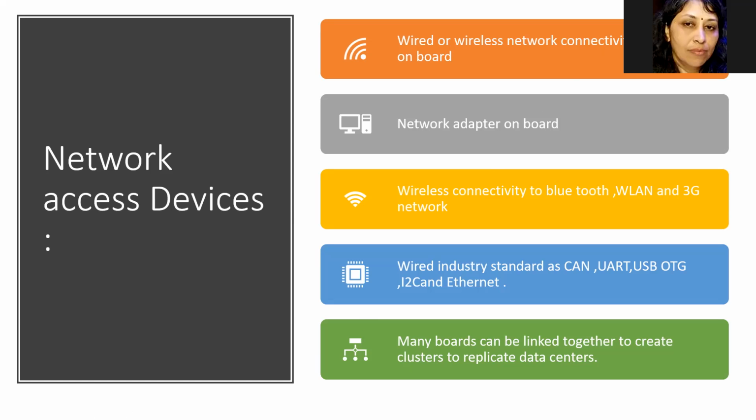It may be wired or it may be wireless. If you take the example of the Raspberry Pi single board computer system, it has an onboard network adapter, and it has Bluetooth as well as wireless LAN connectivity.